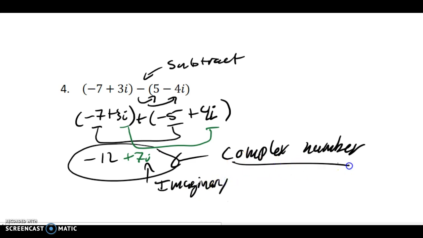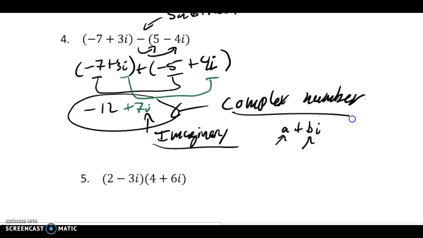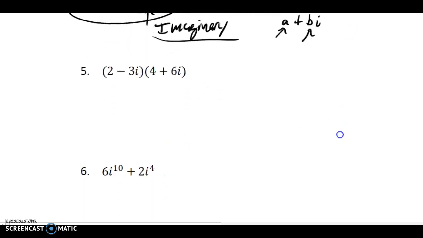So you might read these terms on an SAT. So make sure you understand a complex number has, they call it a plus bi. That's what they call it a lot of times, meaning that we have a number and then a number with an imaginary. So a complex number, we have two terms. Imaginary is just the i itself.